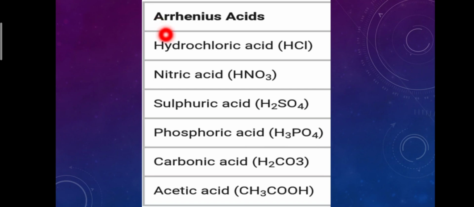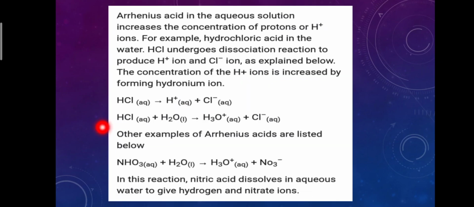These are the examples of Arrhenius acids: hydrochloric acid HCl, nitric acid HNO3.